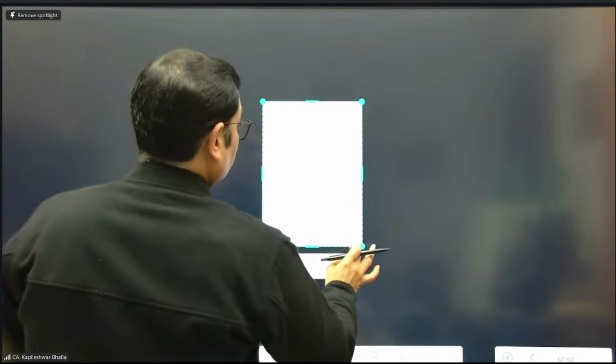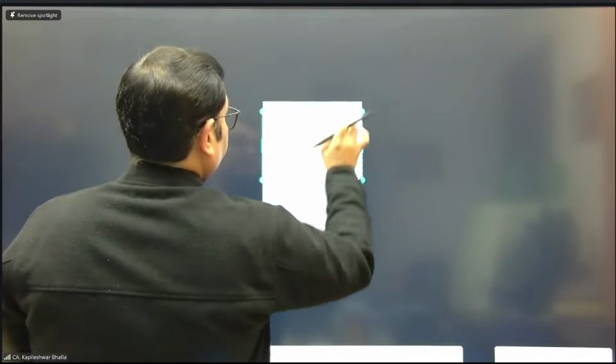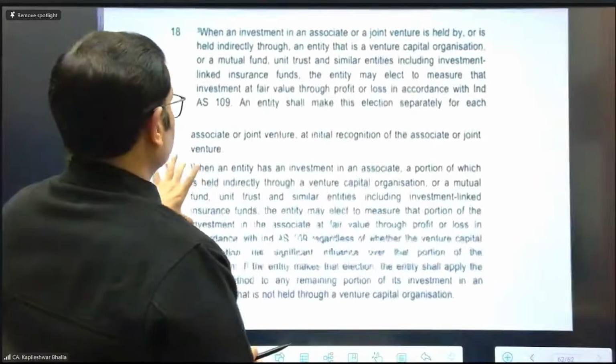So there is a para number 18 and para number 19. So let me share the inputs in terms of para number 18 and 19 with you.